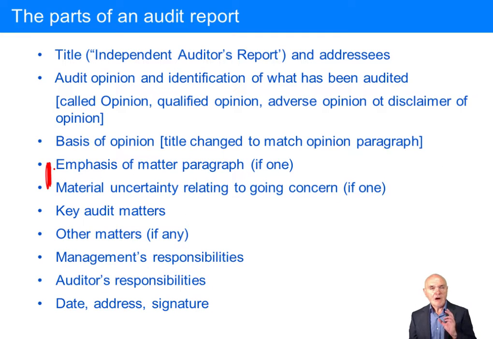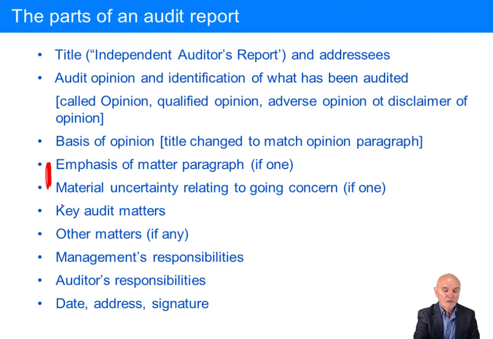It is saying, we think there's a real danger this company is not going to last another year. You better go and look at the note on page 64 or note 27, whatever it is, and see exactly what the company is saying about this going concern doubt. Neither of these, we'll say it again, in any way modifies the audit opinion. This is just a warning to people, go and look at this.